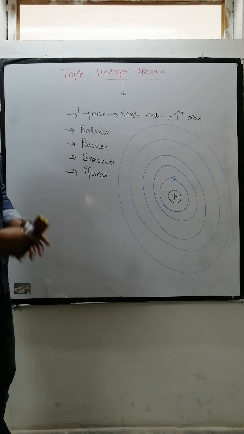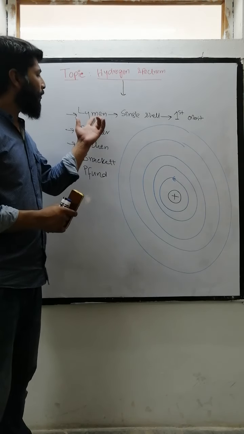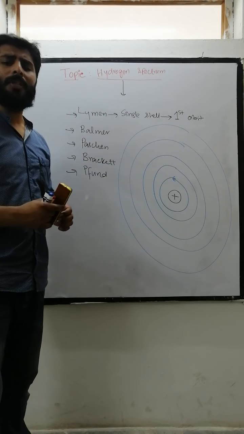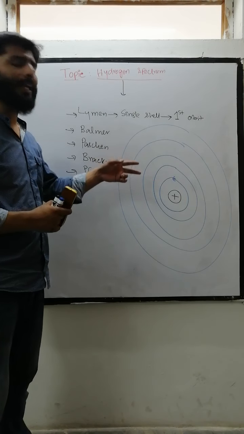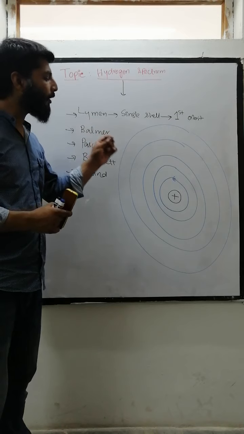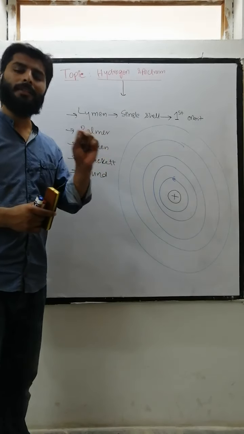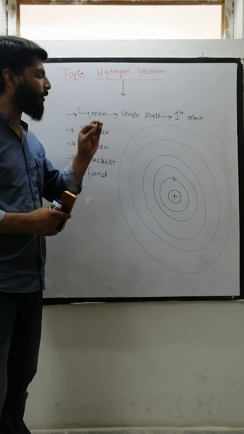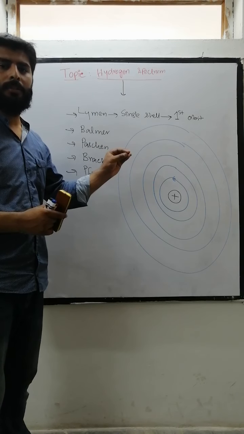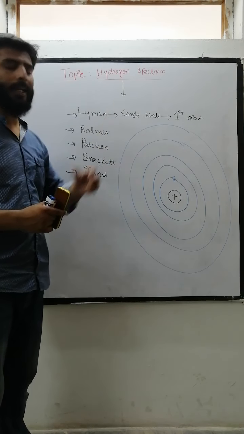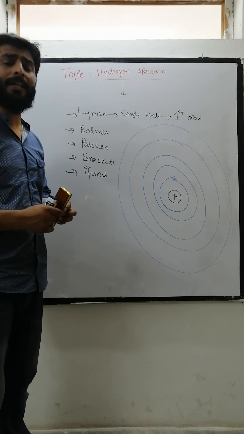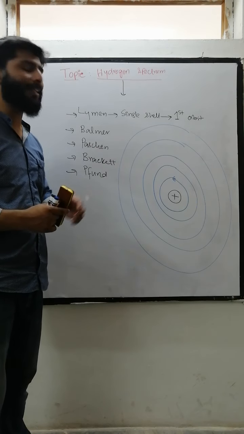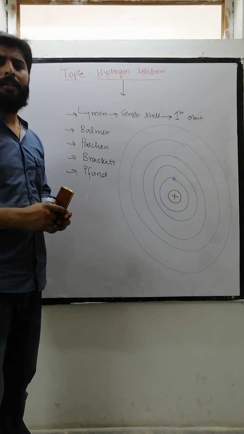According to the Lyman series, when hydrogen is subjected to electric discharge, the hydrogen element is broken down into hydrogen atoms, and these atoms absorb that electrical energy and get excited.